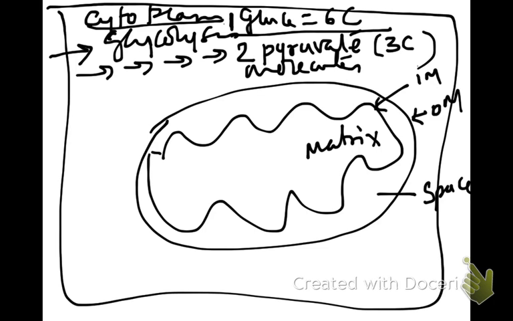I also get a few other things. I get 2 NADH plus H plus, and I get 4 ATP.